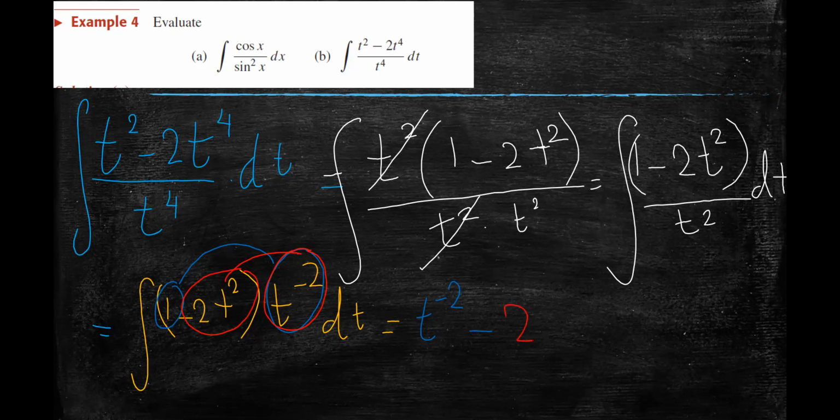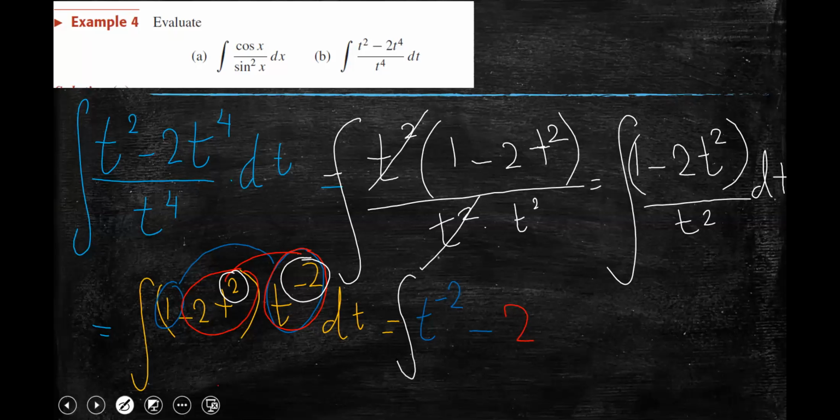I will write 2 here. Now t to the power 2 times t to the power negative 2: what will the exponent be? They are added. If the two variables are multiplied, I will add the exponents. So 2 plus negative 2 is t to the power 0. That means it is 1. So it comes as t to the power negative 2 minus 2 dt.